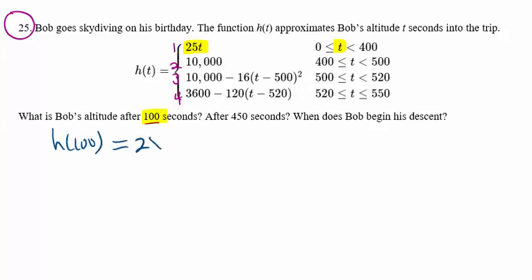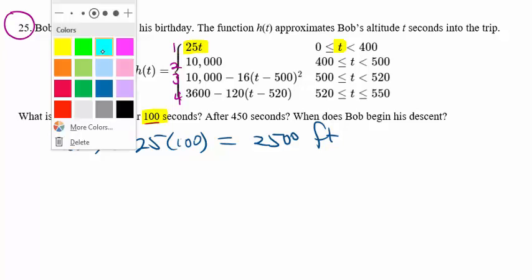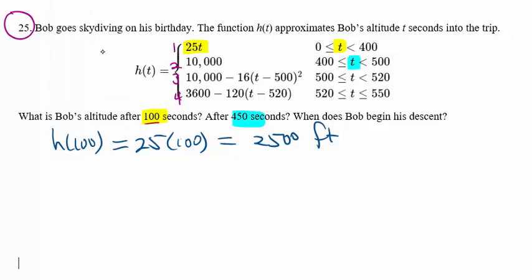So h of 100 is 25 times 100, or 2,500. And I think this should be in feet. And then 450 seconds falls in the next domain, which is the restriction we have on our t's. So we use the second formula to answer this part of the question. h of 450 is equal to 10,000.